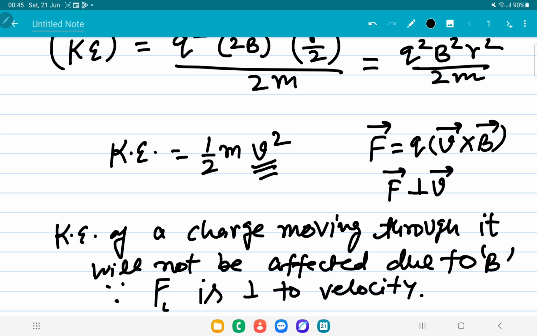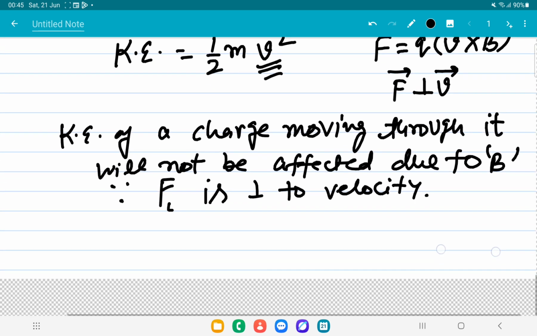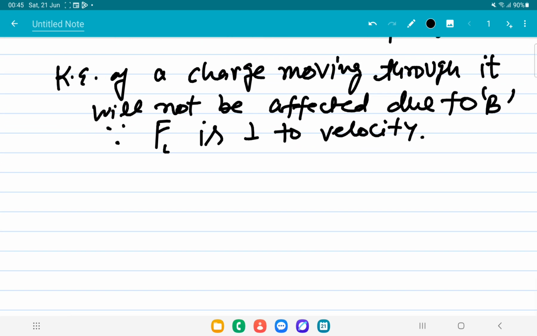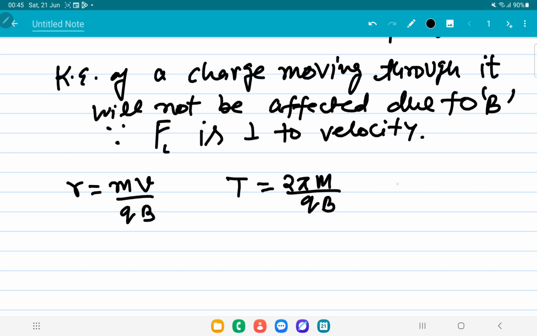So to summarize, what we have studied is that when a charged particle goes into a magnetic field for normal incidence, it goes into a circular path. The radius of the circular path is mv upon qB. The time period is 2 pi m upon qB. Frequency is qB upon 2 pi m.